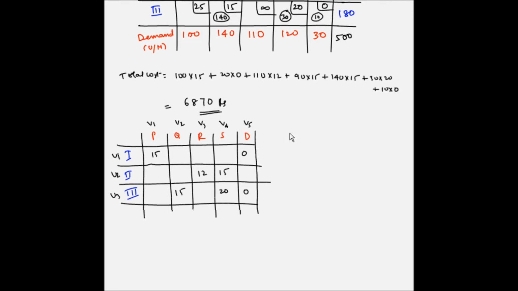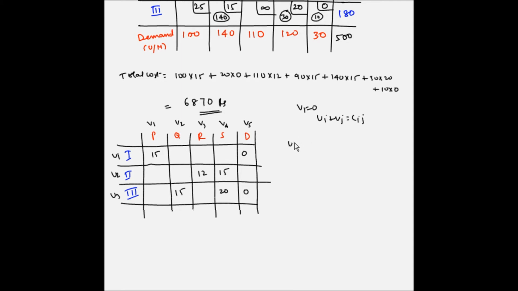The next step is to compute the values of U and V. Here we are assuming that V1 equals 0, and we have to compute in a way that Ui plus Vj is equal to Cij.